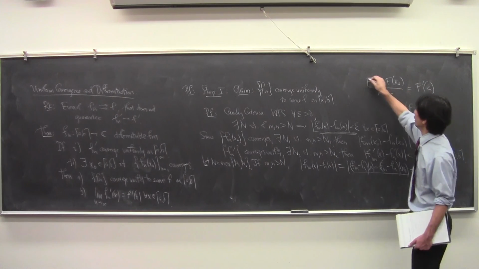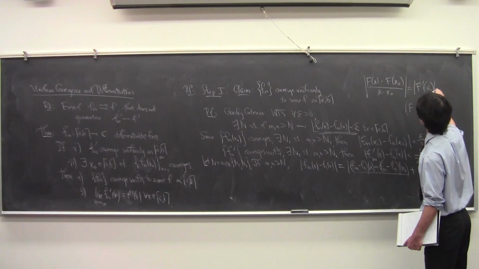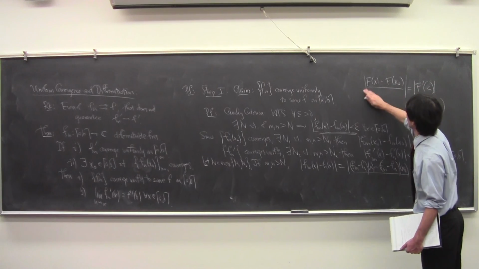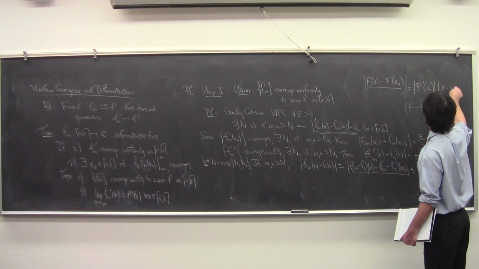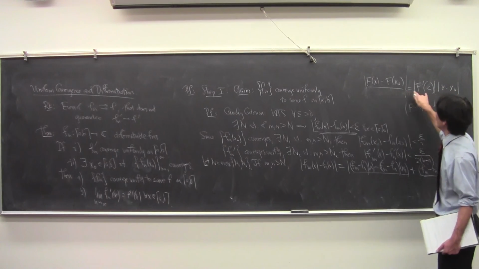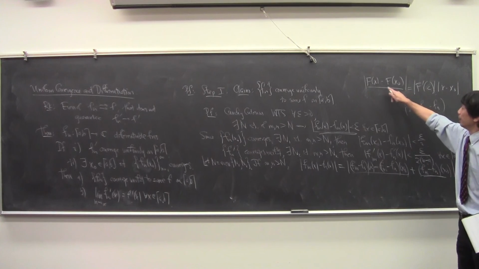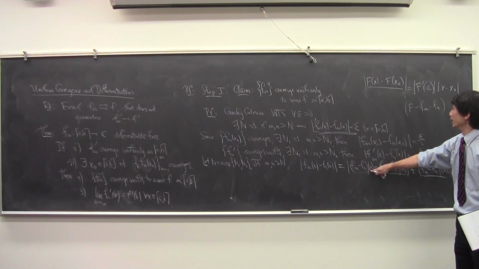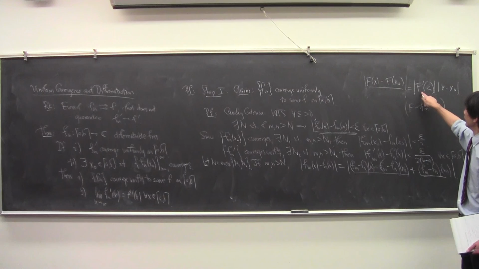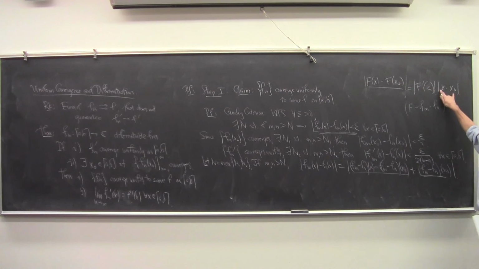In particular, we know that there's some point between x and x0 where this thing is bounded by the derivative of the difference evaluated at some point times x minus x0.